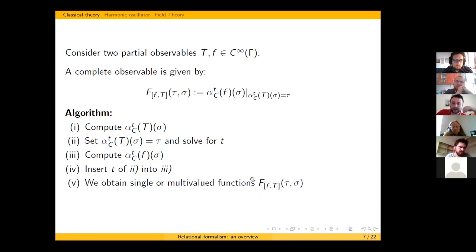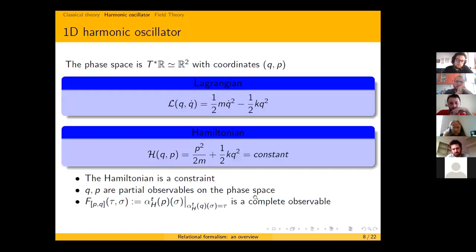Then we get, I want to stress, not just a single valued function, but more often multi-valued functions, and I will explain why. We can get many functions.